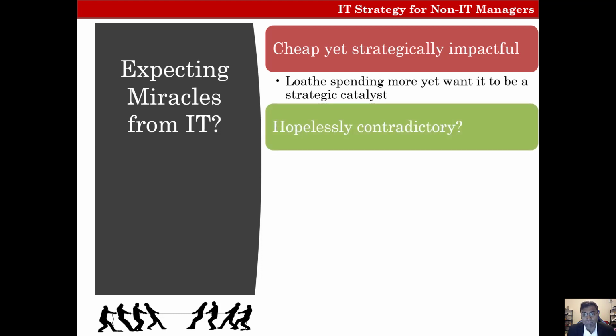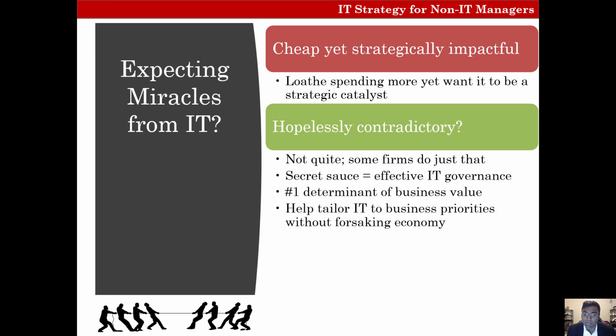Now, some experts feel that this is contradictory, but it's not true. And there are companies that do exactly that. And the secret behind is effective IT governance. It's the number one determinant of business value, and it helps tailor information technology to business priorities without forsaking economy.